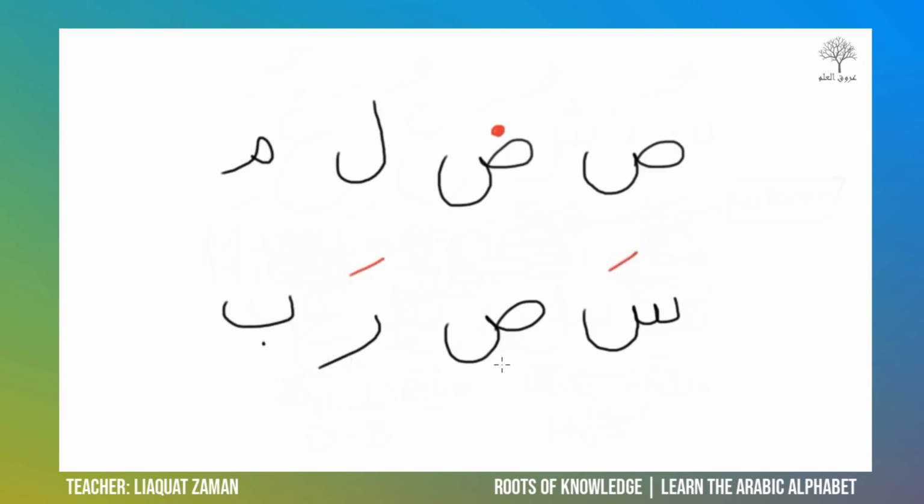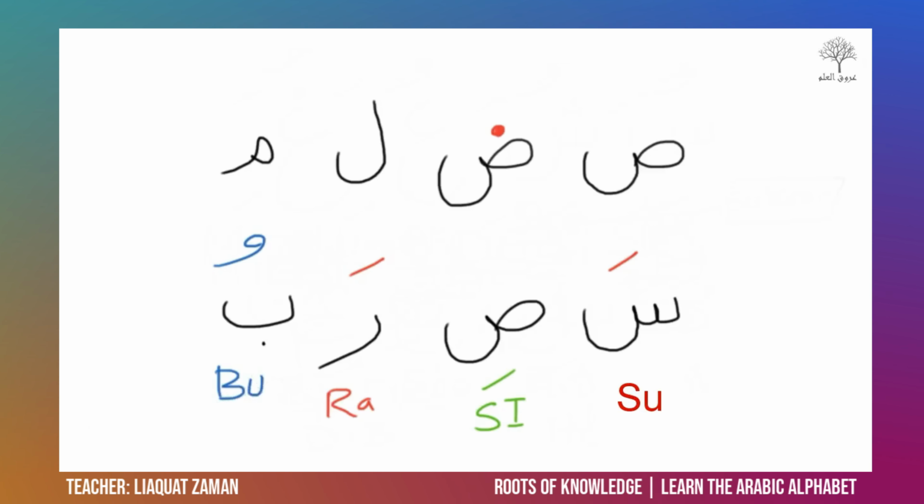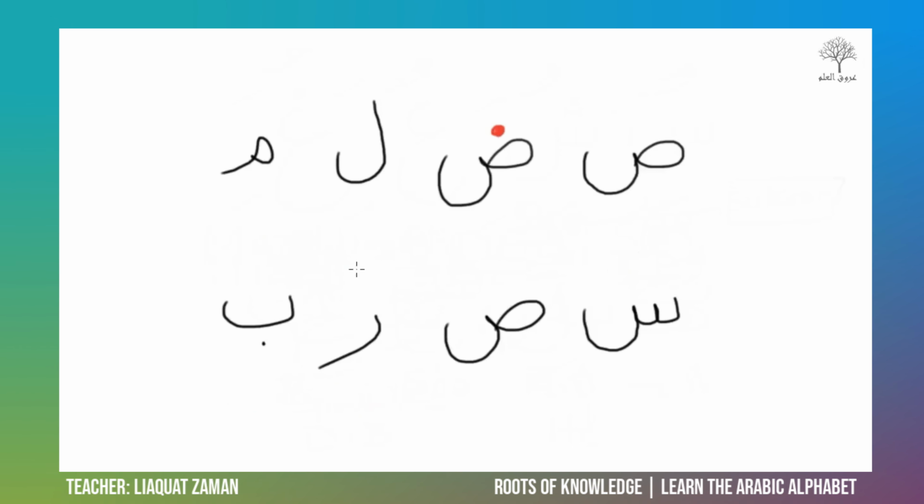Okay, so have a go at pronouncing these letters. Sa, si, ra, and bu. Sa, si, ra, bu.